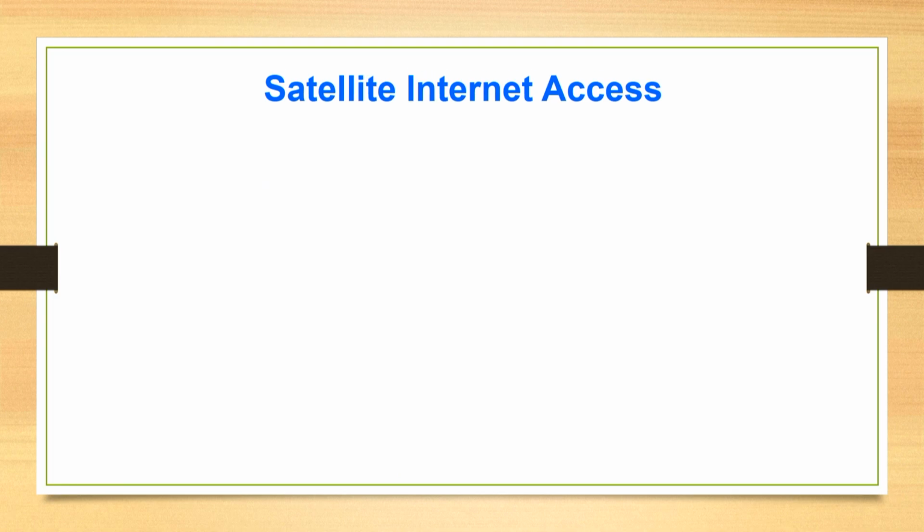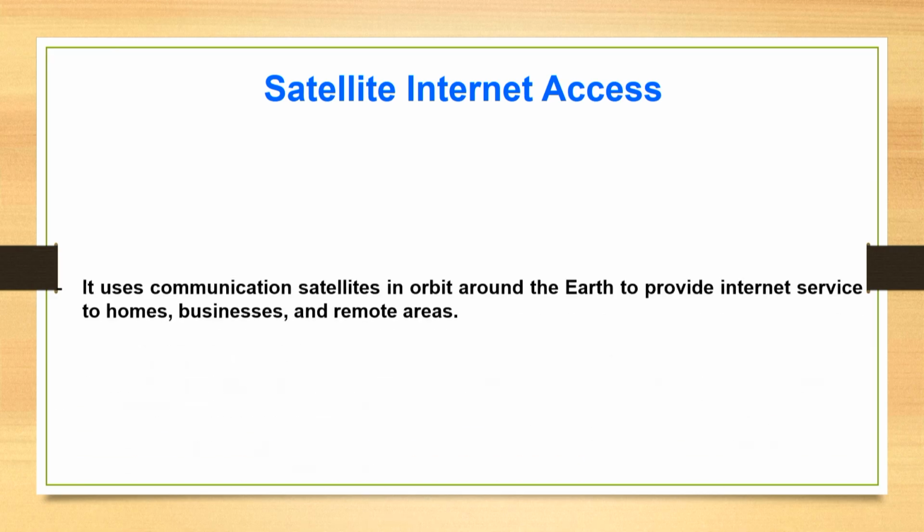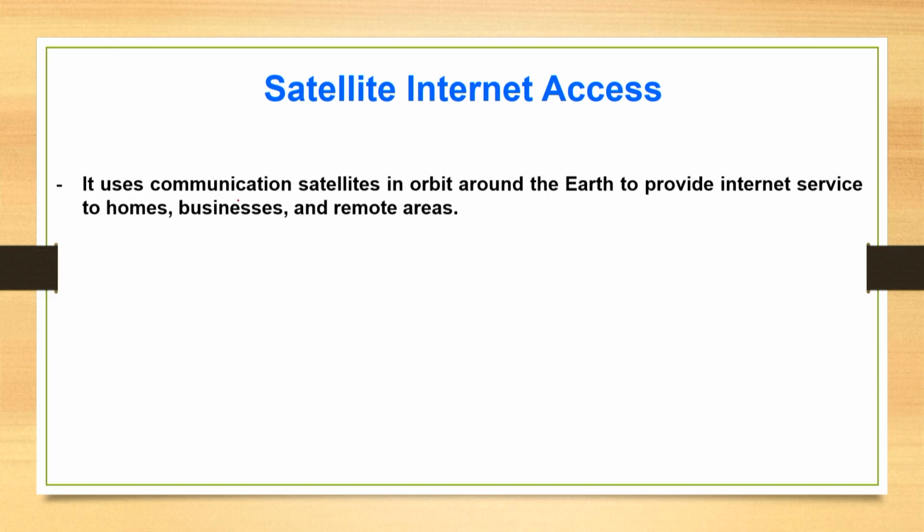So what do we do in satellite internet access? It uses communication satellites in orbit around the earth to provide internet services to homes, businesses and remote areas.